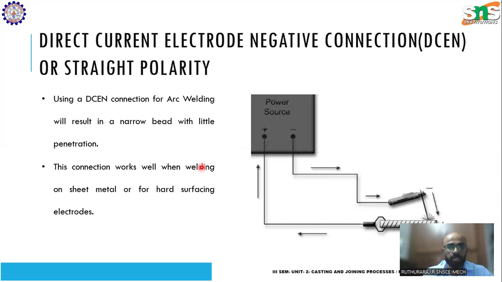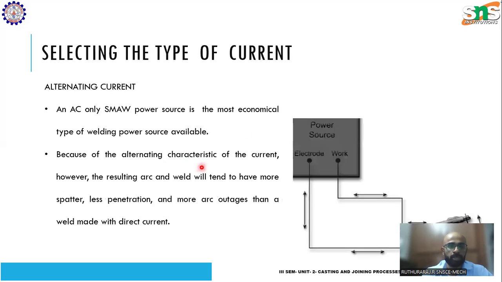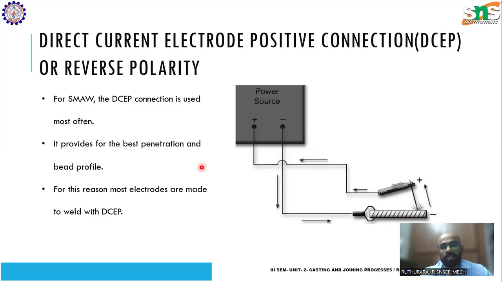In straight polarity, the workpiece will be positive and the electrode will be negative. If you take reverse polarity, it is opposite: the electrode will be positive and the workpiece will be negative.